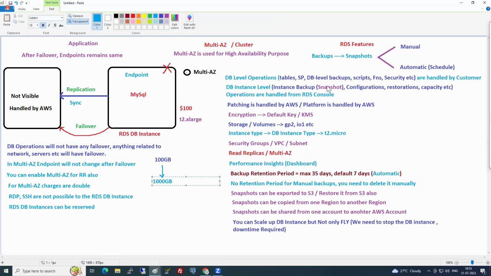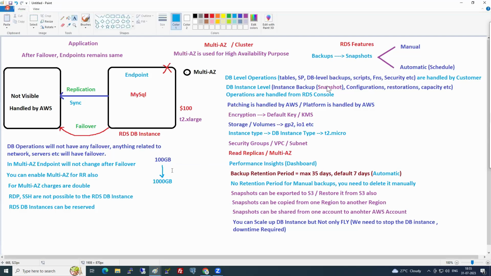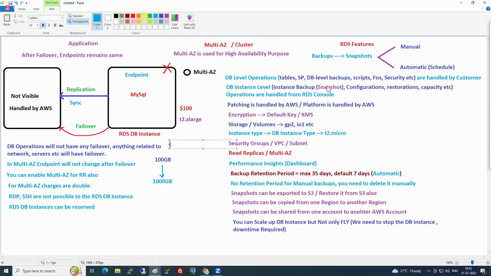If this 100 GB gets full, will I get any complaint? No, because it will automatically increase up to 1000 GB. You can go terabytes also. How much max? 16 terabytes you can go. So do you have any problem on the storage level? No. So you have auto scaling on storage level.